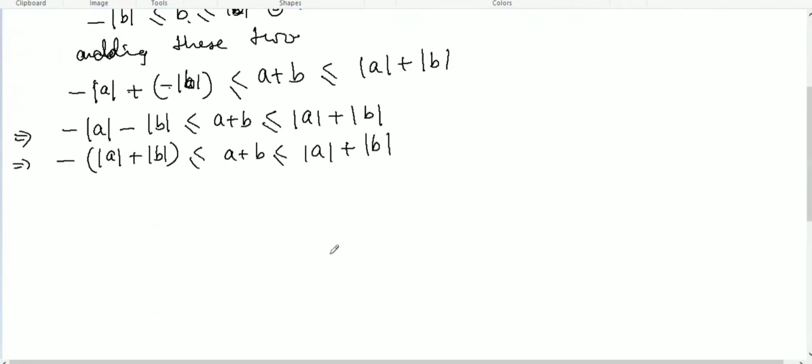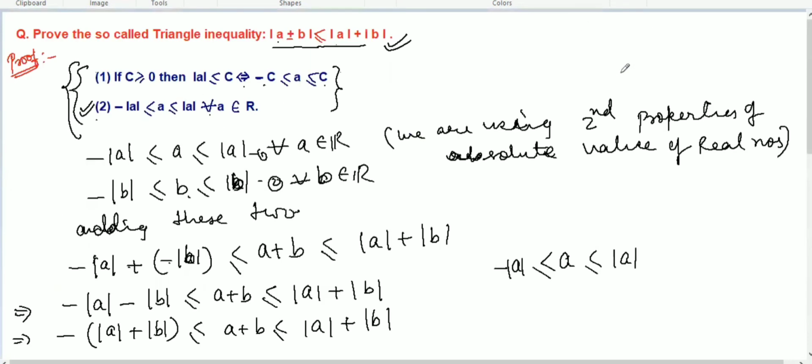Okay. Now you understood the second property of real numbers. What was that? Absolute value of A will be greater than equal to minus of absolute value of A and less than absolute value of A. You just did this one.